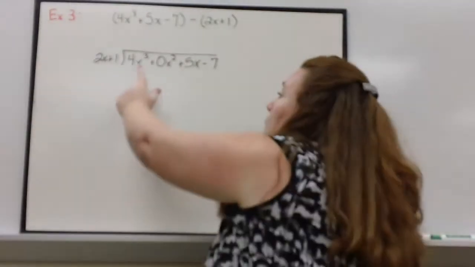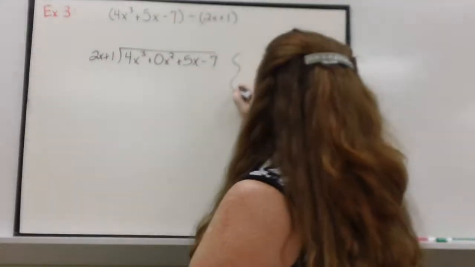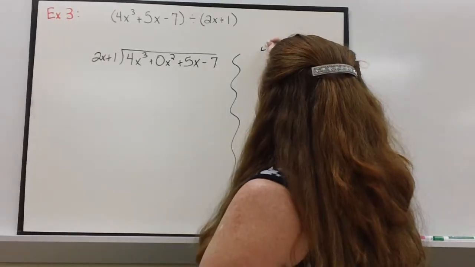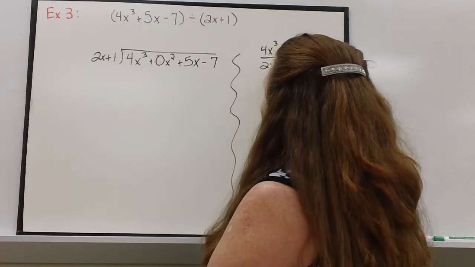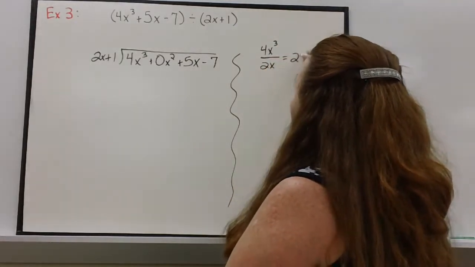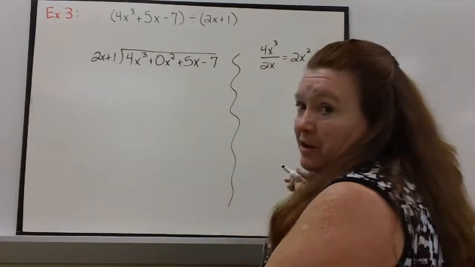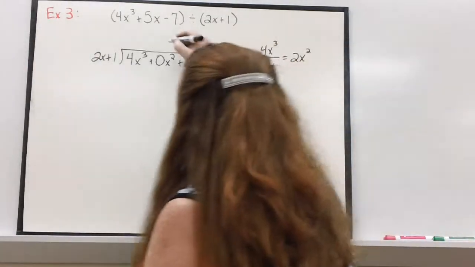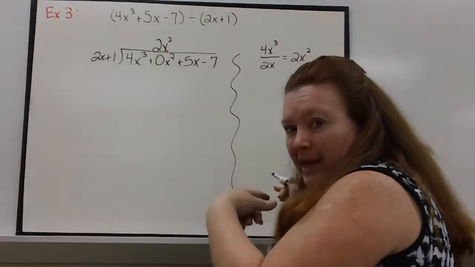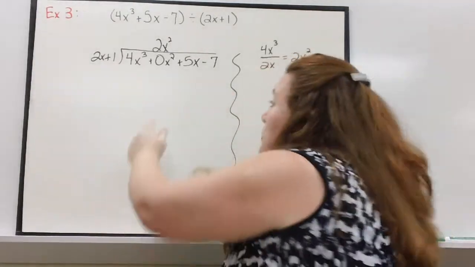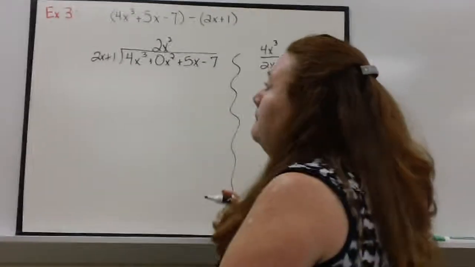Divide. 4x cubed, here comes my work. 4x cubed divide by 2x is 2x squared. So I'm going to write that up here. And again, I'm going to line the squared answer over the squared term here. Multiply.